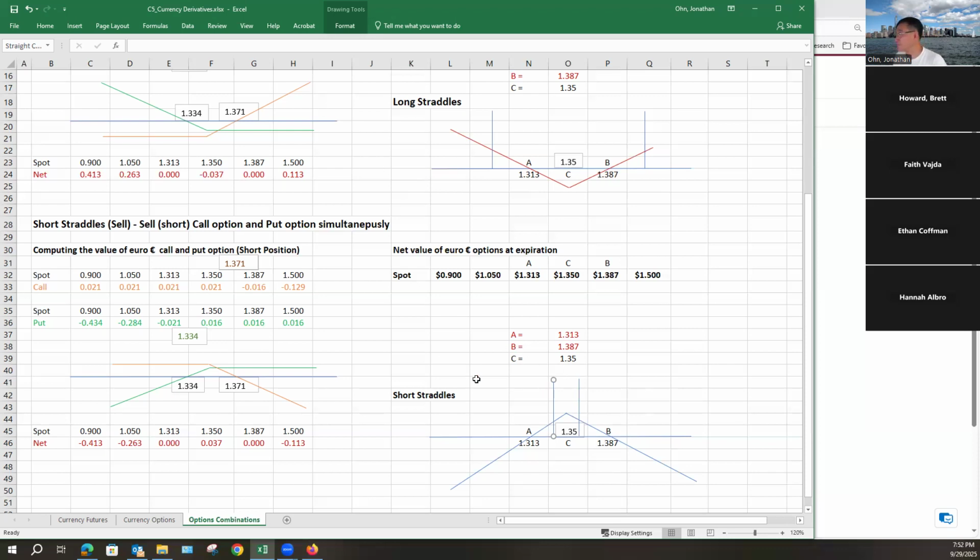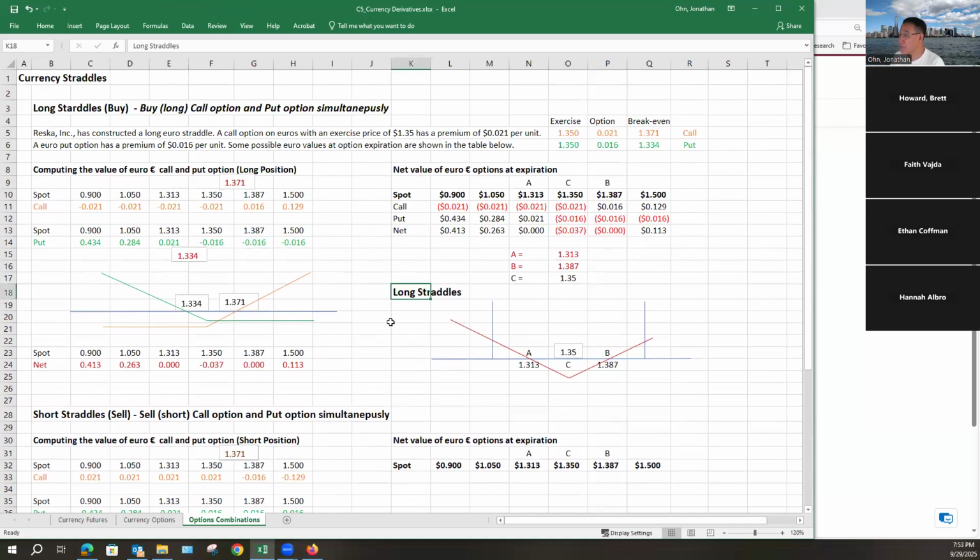So if you expect low volatility in the European euro movement in the future, then a short straddle is your strategy. If your projection is high volatility in the European euro in the future, then a long straddle is your trading strategy. Got it?